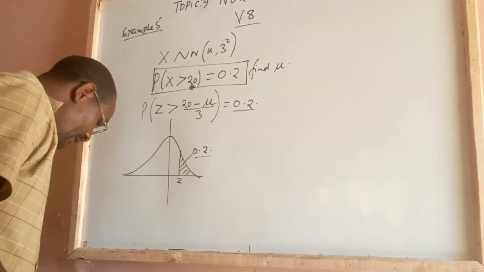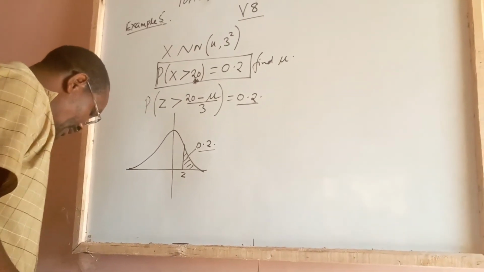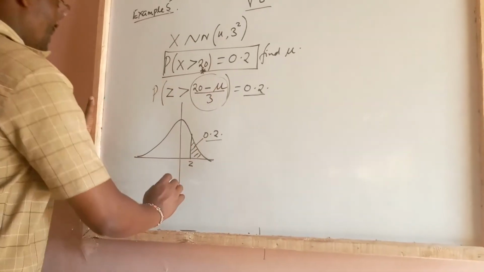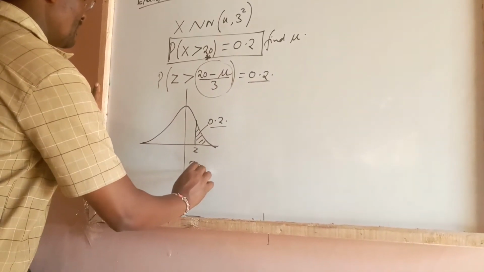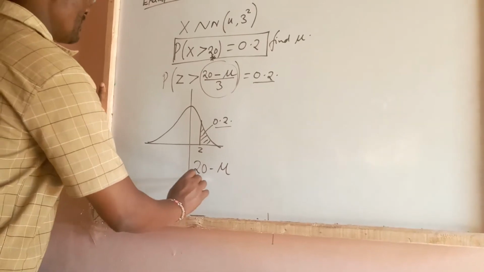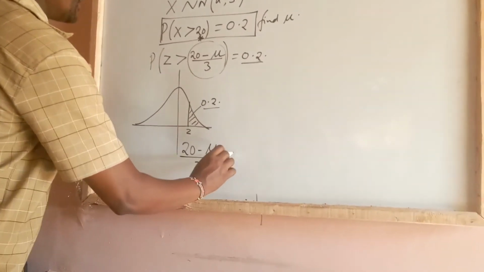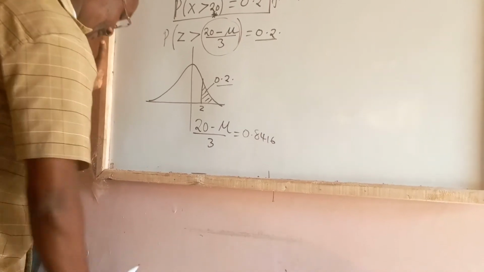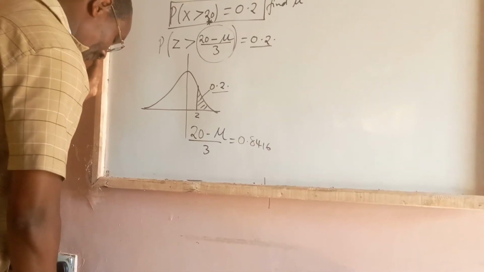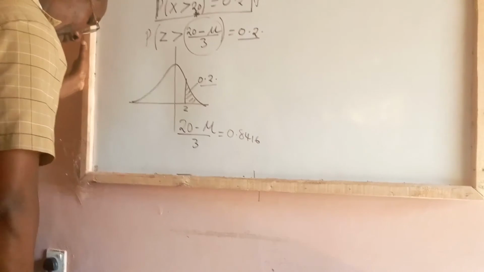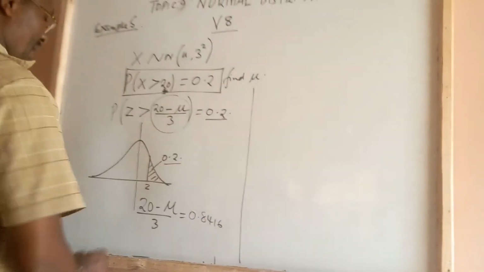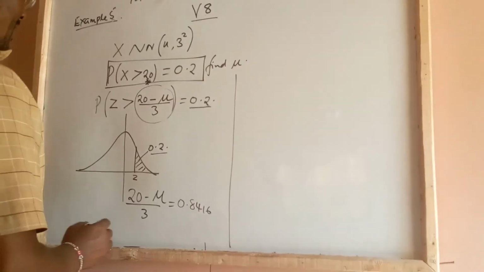Of course, we have our z, which is 0.8416. That means 20 minus the mean over 3 is 0.8416.